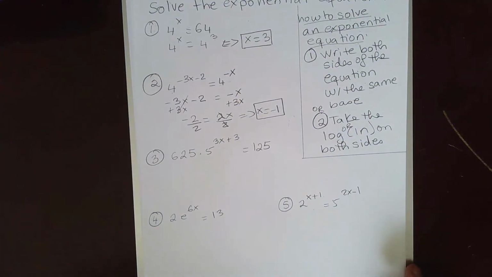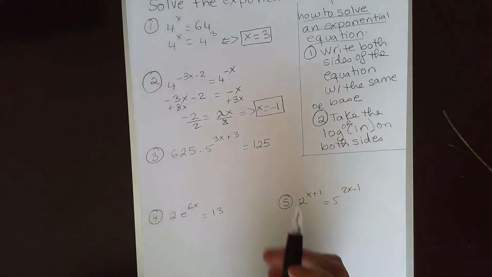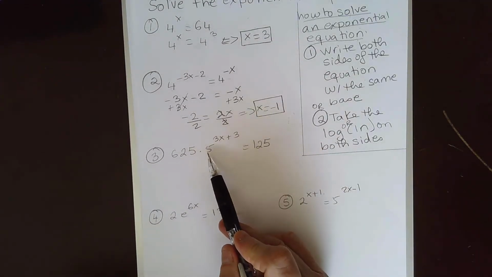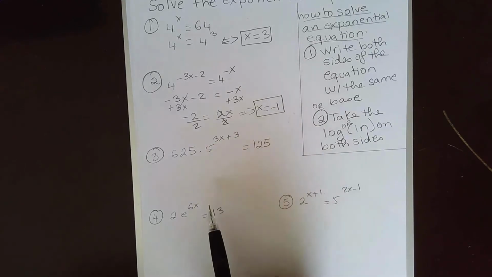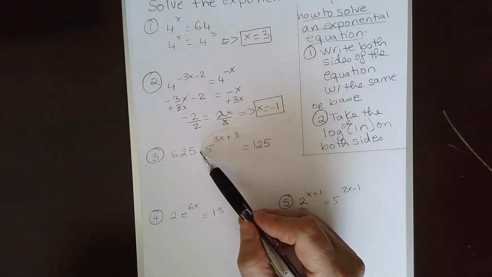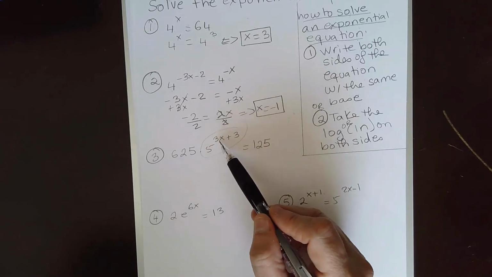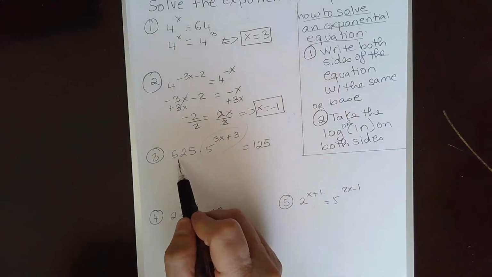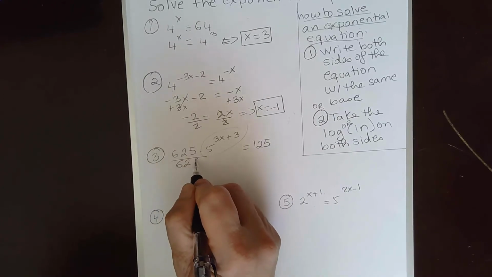Okay? Now, number 3 here, we have 625 times 5 to the 3x plus 3 equal to 125. Now, you have to make sure here you want to isolate the exponent, 5 to the 3x plus 3. So 625 is multiplied by that, so we need to divide both sides by 625.